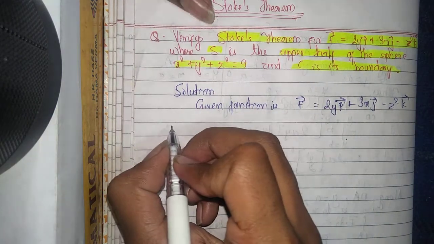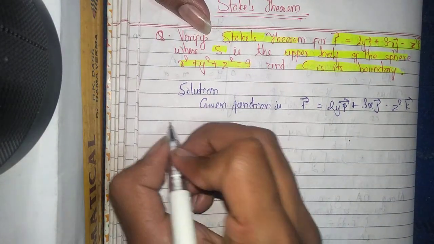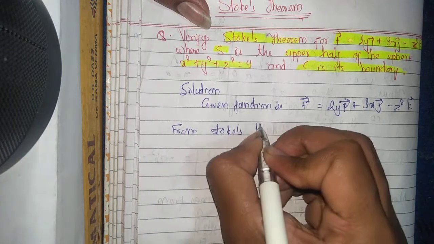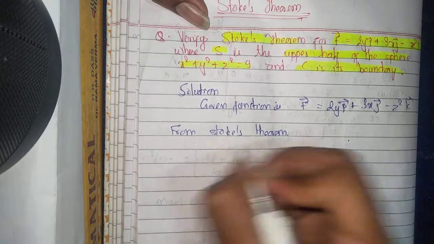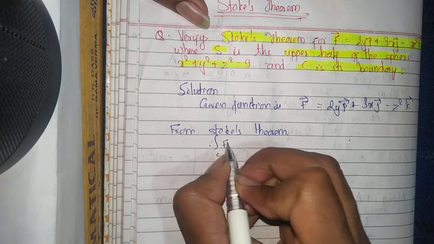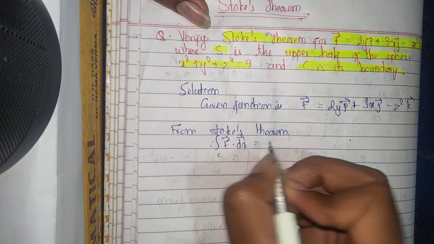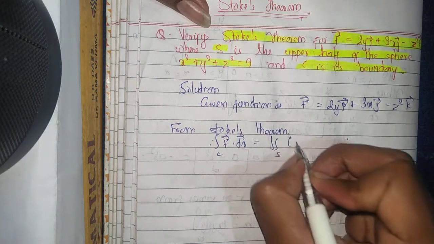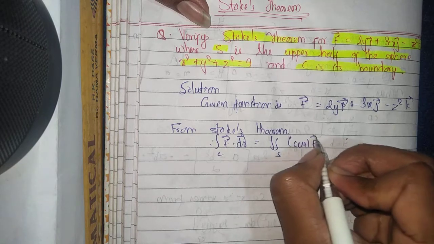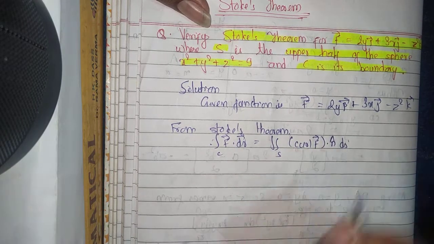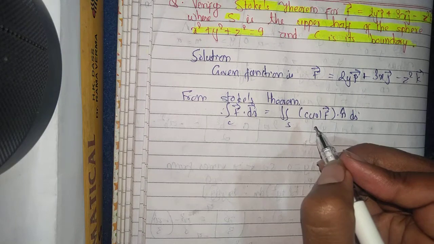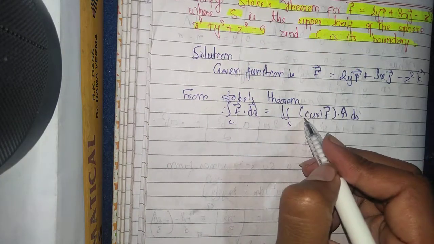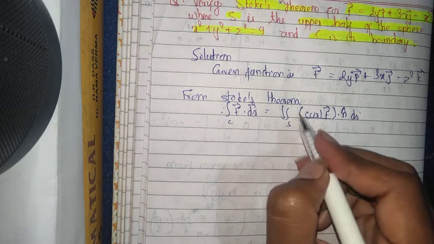Now from Stoke's theorem we know that to verify Stoke's theorem we have to show that the line integral of f dot dr vector equals the surface integral of curl f vector dot n cap ds. Now let us begin from the right hand side. So to begin we have to first find out the curl f.